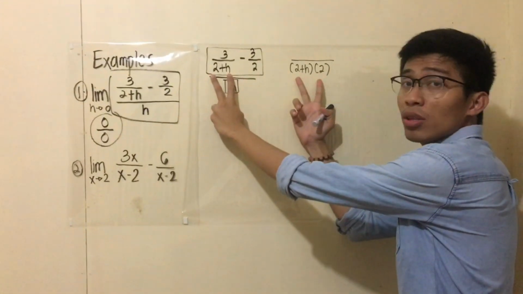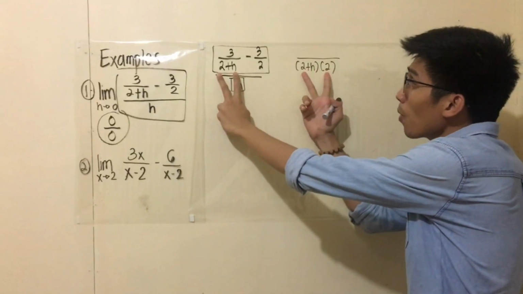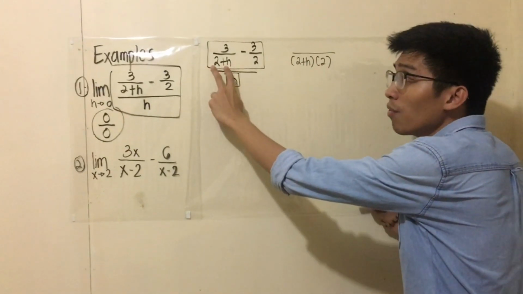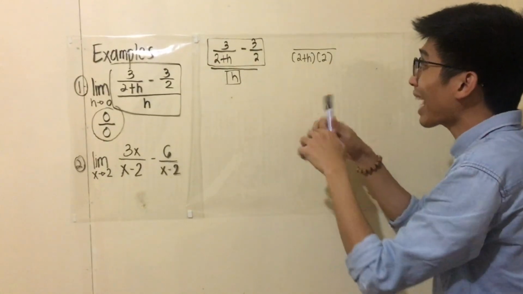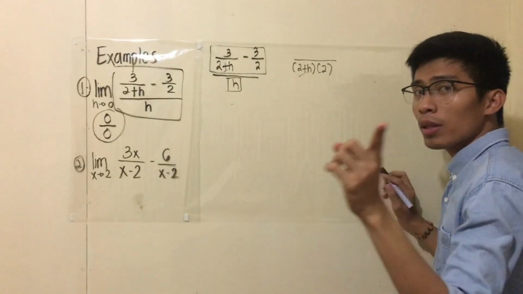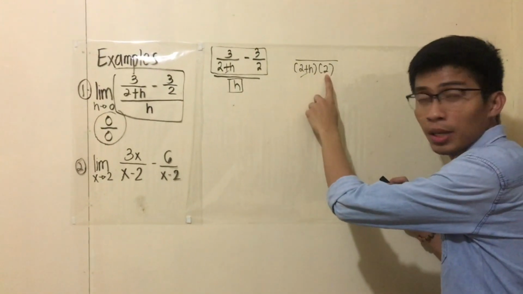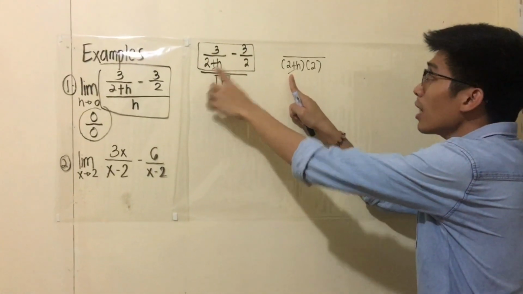Again, you divide your LCD by each denominator. And basically, you can cancel out 2 plus h, right? The remaining value is 2. Again, you cancel out 2 plus h, and you still have 2.